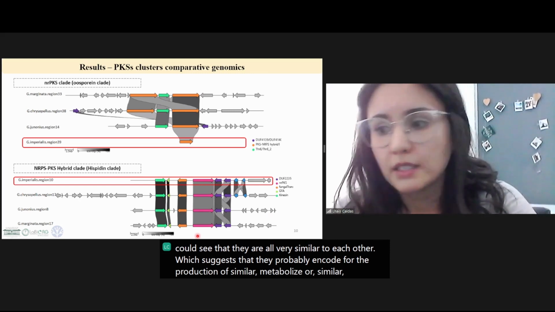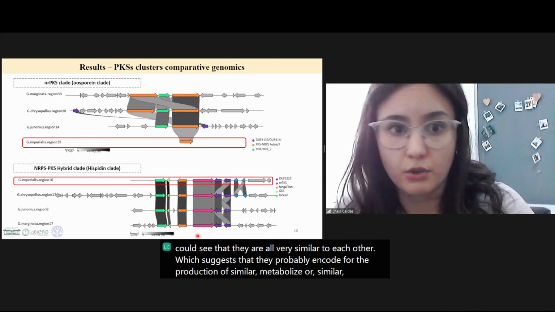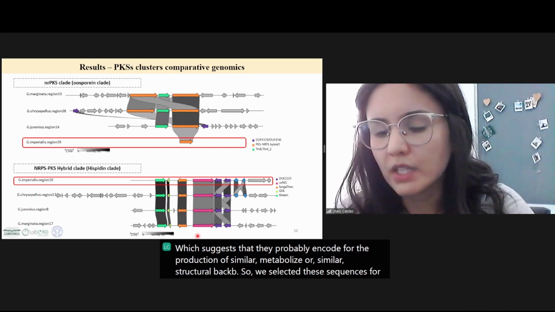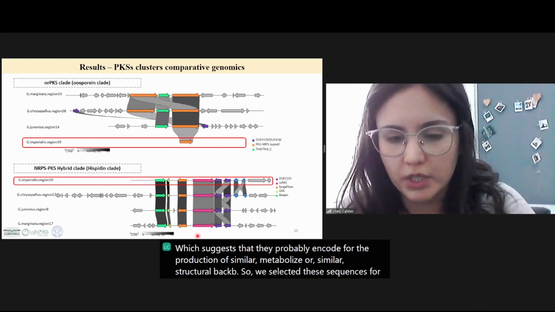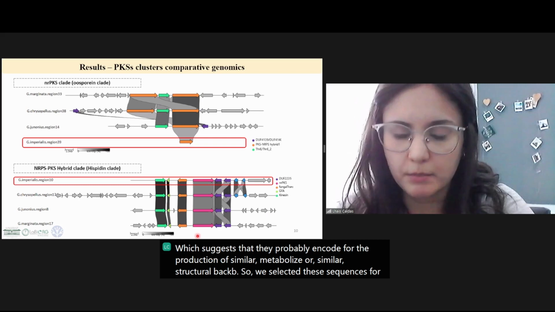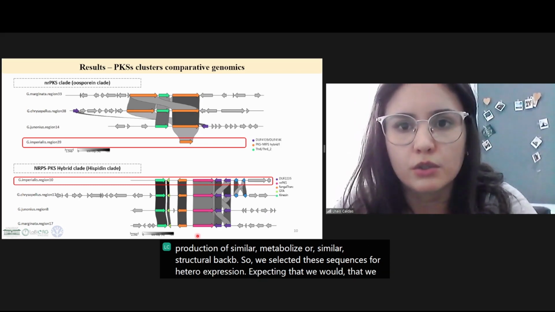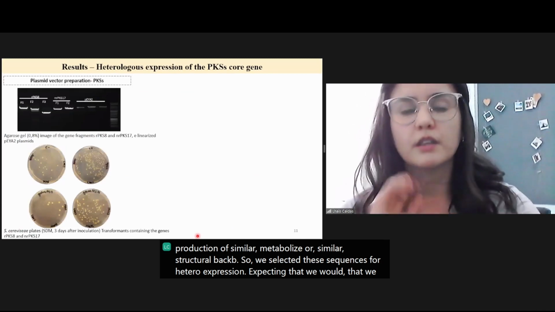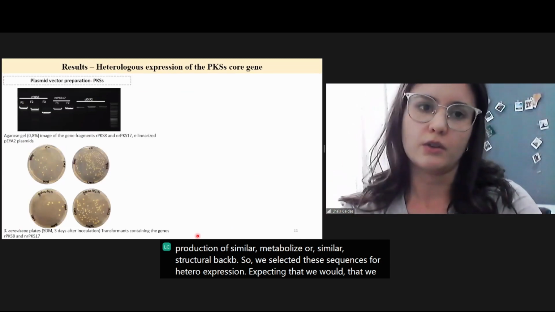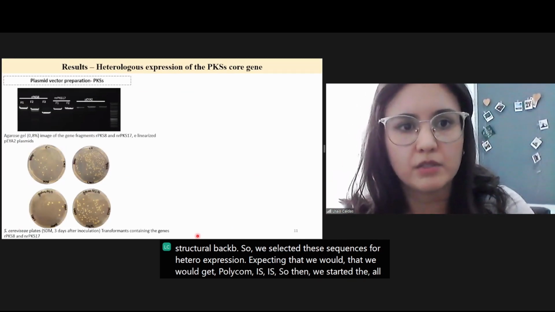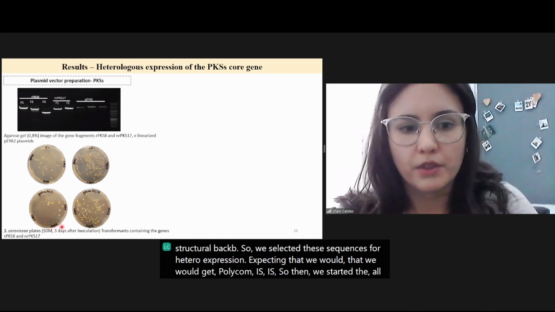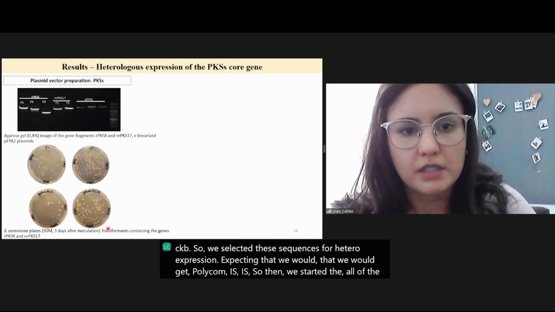So we selected these sequences for heterologous expression, expecting that we would get polyketides, novel polyketides, bioactive polyketides at the end. So then we started the heterologous expression by preparing our plasmid vector with yeast, Saccharomyces cerevisiae in this case.